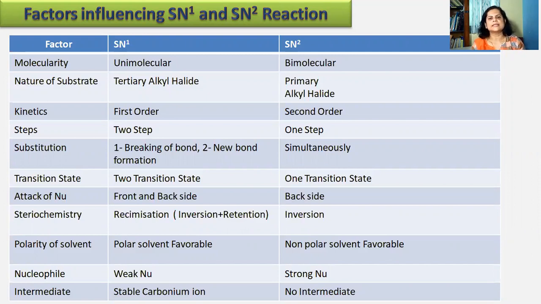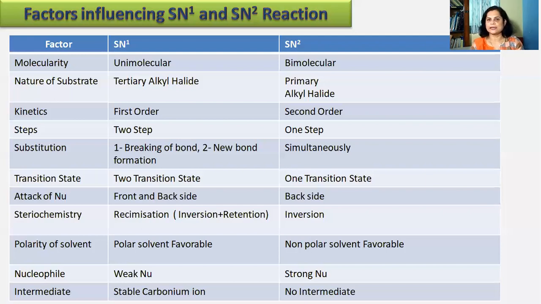For the SN1 reaction, a polar solvent is favorable. SN2 is a bimolecular reaction, and mainly primary alkyl halides show the SN2 reaction. It is a second order reaction and a one-step reaction; though it forms a transition state, it is a single step. The breaking and formation of bonds take place simultaneously.